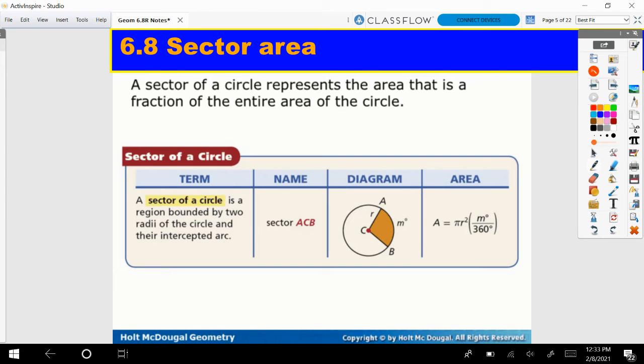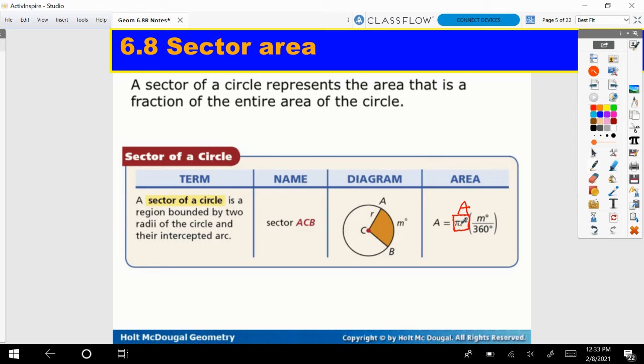This would represent a sector of the circle. Our formula, like Apex gives us, is the area of a sector is equal to pi times the radius to the power of 2. Notice this section of the formula is actually just the formula for the area of a circle. That's all this part is.